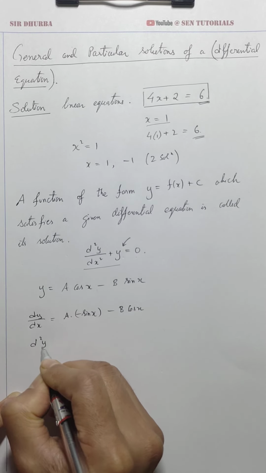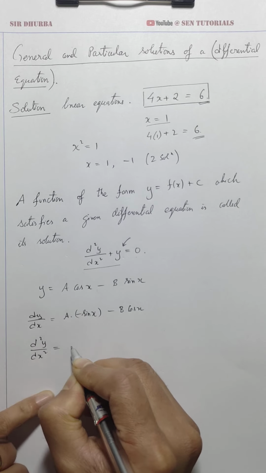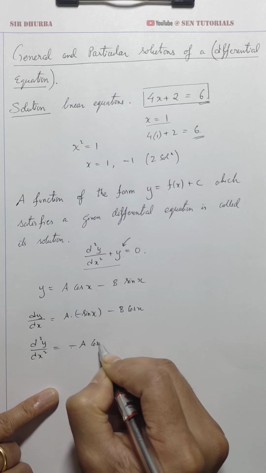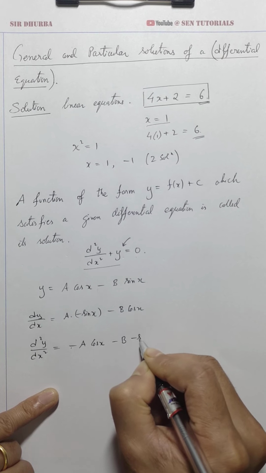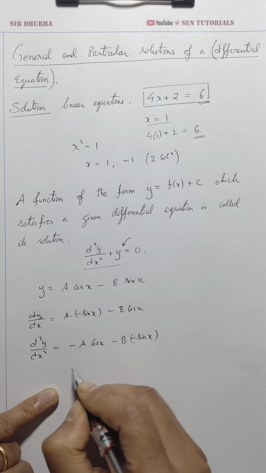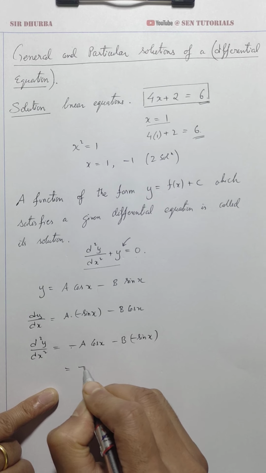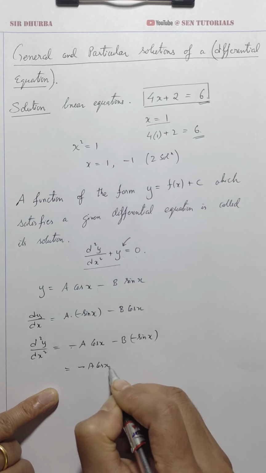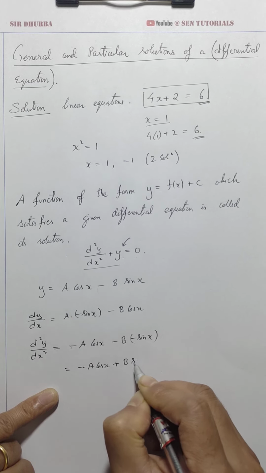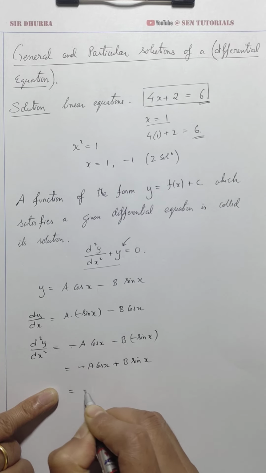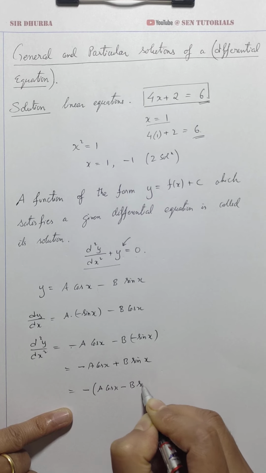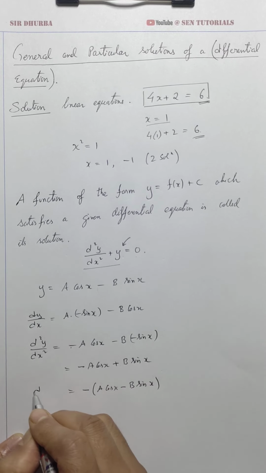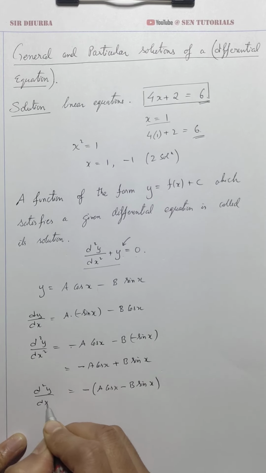Then again, if I differentiate it 2 times, then I'll have minus a cos x plus b sin x, which can be again written, taking minus common, as minus of a cos x minus b sin x, d square y by dx square.